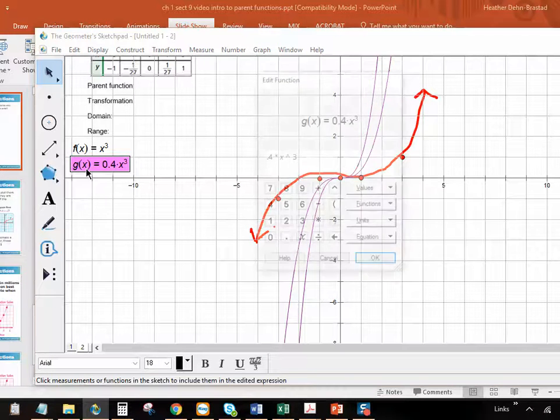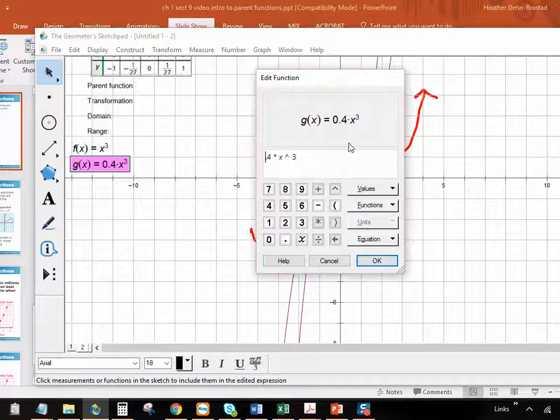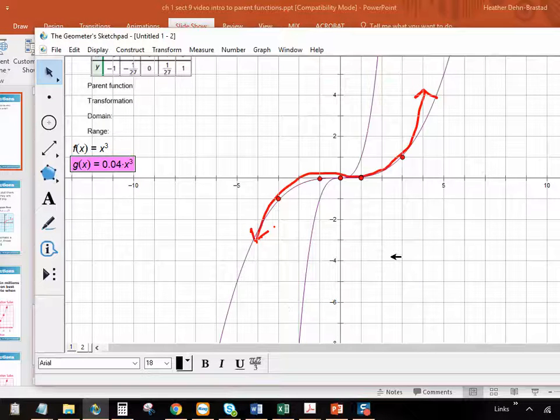It's not really. How about if I change it to 0.04? See, that's really close. I was just guessing at what it was, but this new one is very close to the way my other one was, isn't it? It's probably really supposed to be 0.03 or something.